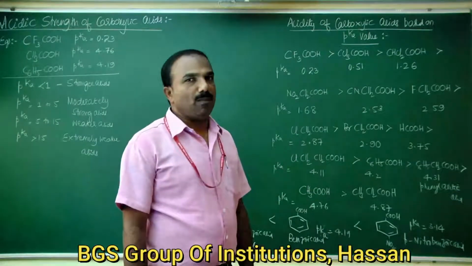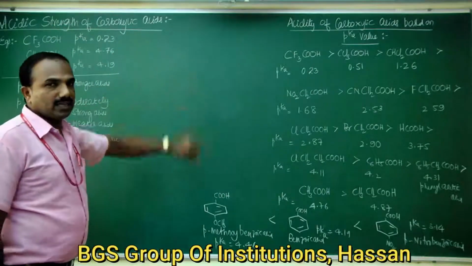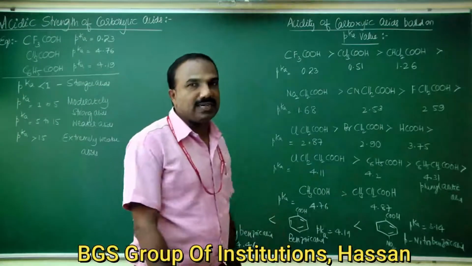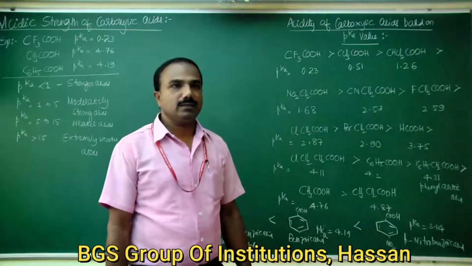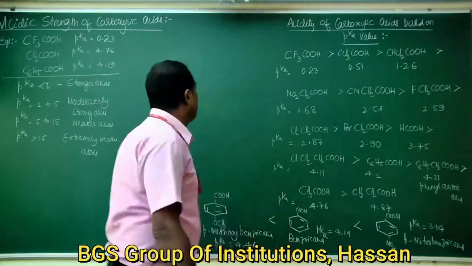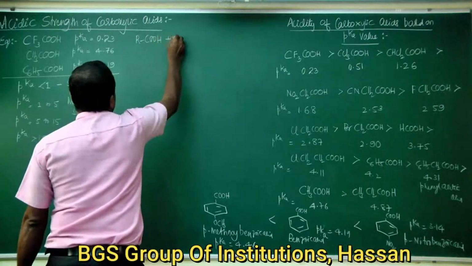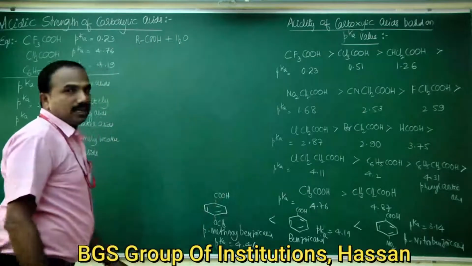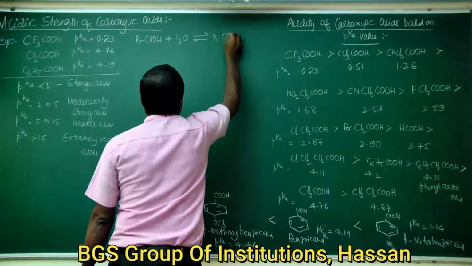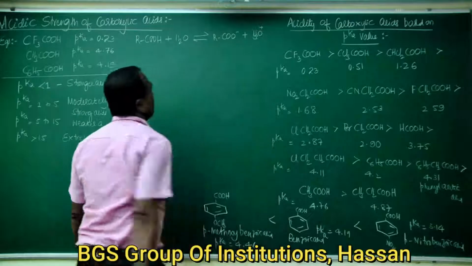The last bit of the topic is acidic strength of carboxylic acids. Carboxylic acid, or COOH, on treating with water gives carboxylate anion, COO minus, plus H3O plus, that is hydronium ion.